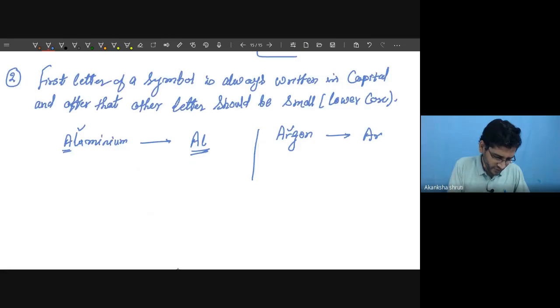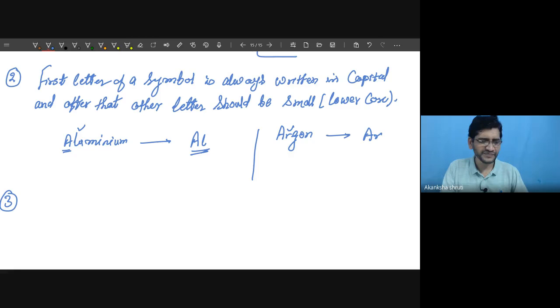Then the third rule was that the symbol should be written by the first alphabet of their name or their Latin name.